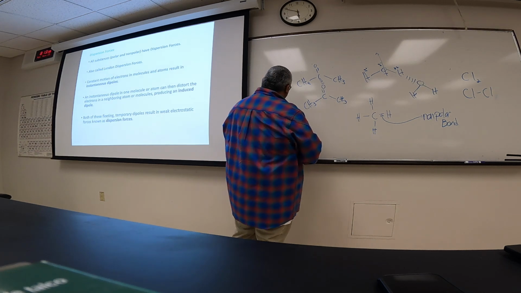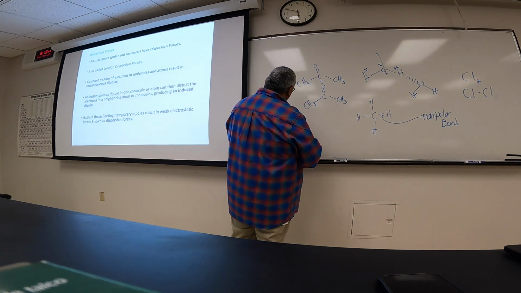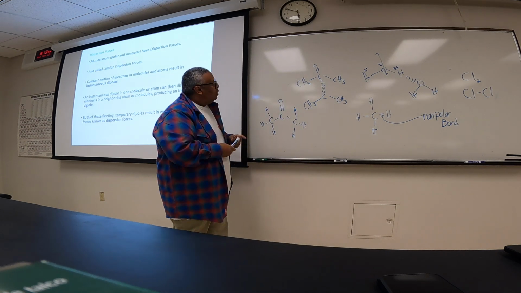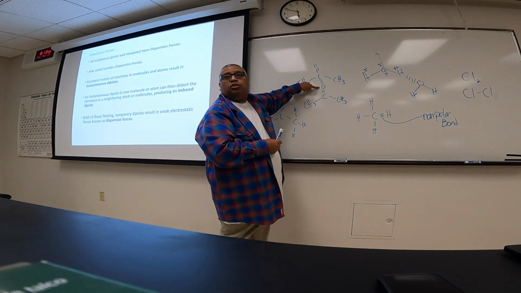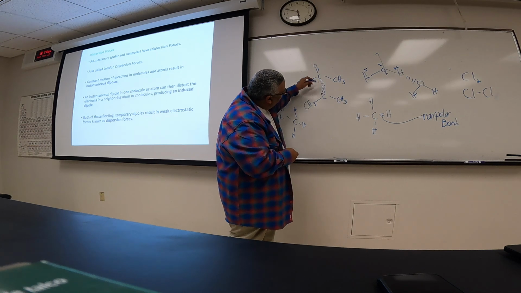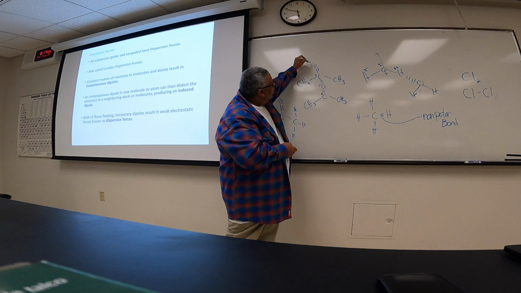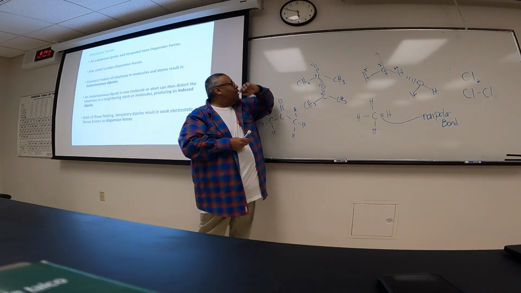Now, as far as acetone goes, let me redraw acetone. This molecule is polar simply because oxygen is more electronegative than carbon. So carbon here would be partially positive and oxygen partially negative, attracted to the partially positive portion of another acetone, making a dipole-dipole interaction.